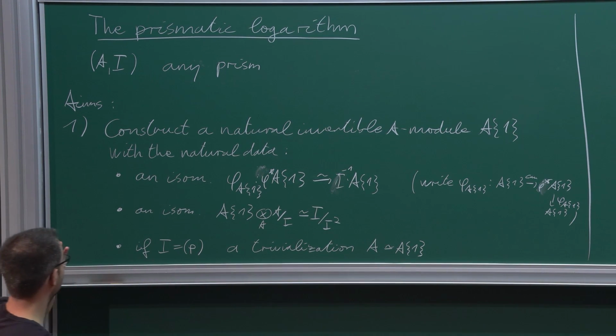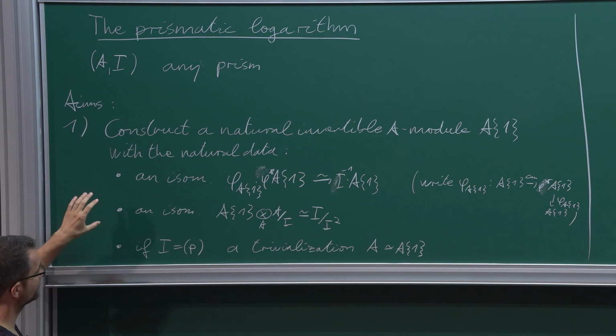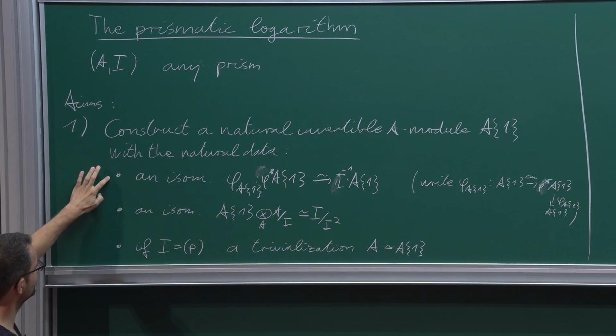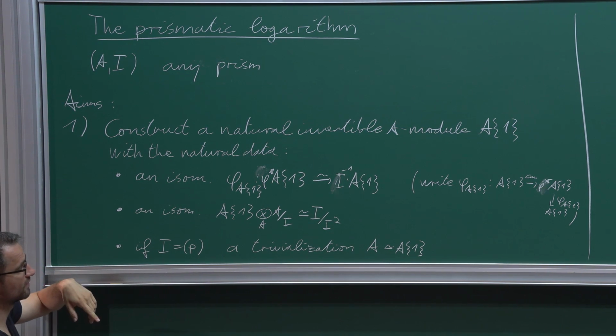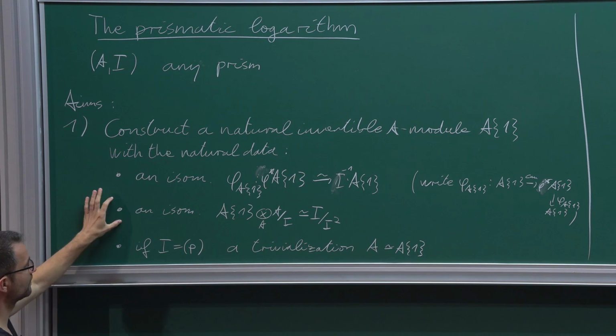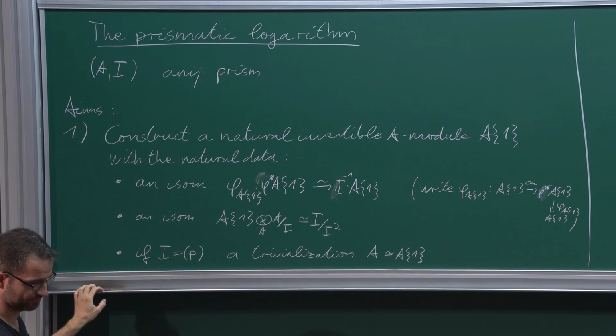And actually, we will see that the data of the first isomorphism and the last one determine this Breuil-Kisin twist uniquely, and then the thing in the middle is the consequence.